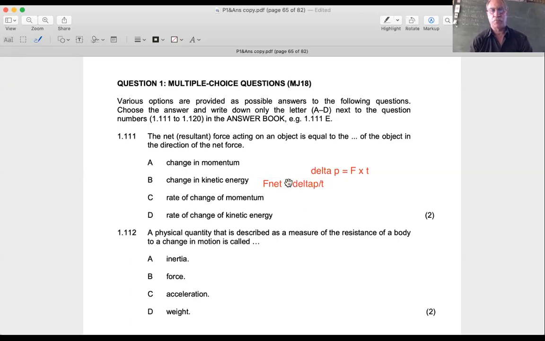So force net is delta P upon t. Change of momentum, delta P, divided by time, is rate of change of momentum. And there we go. Force net is equal to rate of change of momentum from the impulse formula.